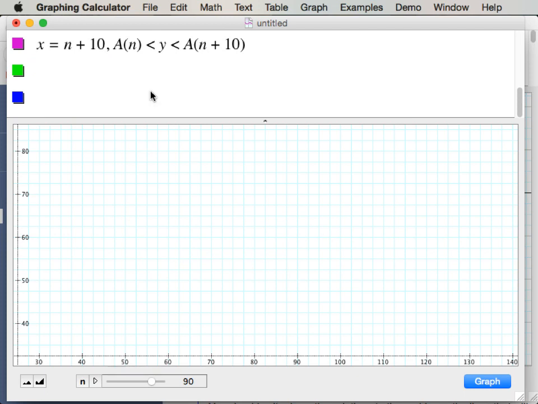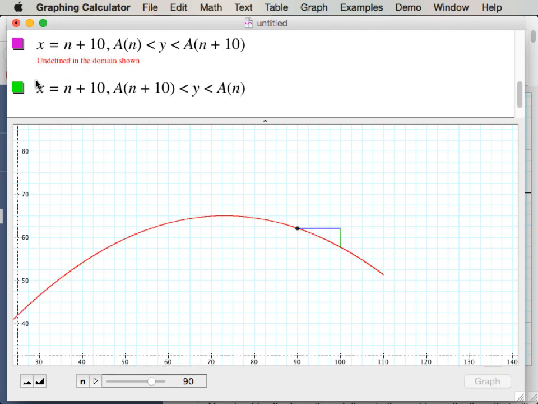Yeah, Britt. x equals n plus 10, comma, a of n plus 10, less than a of n. Right, because when it's decreasing, a of n plus 10 is less than a of n, and this gets the order right.